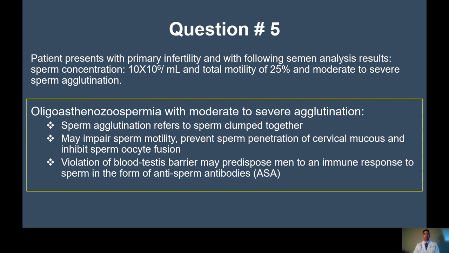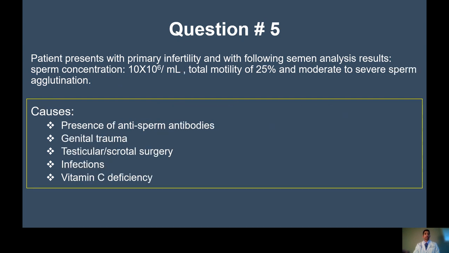Now, what can cause moderate to severe agglutination? One common cause is violation of the blood-testis barrier. Any violation of this barrier can predispose men to an immune response to sperm in the form of anti-sperm antibodies. So in this patient scenario, what could cause the severe agglutination and the reduction in motility and concentration?